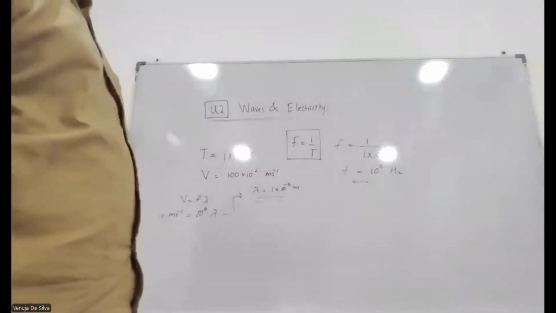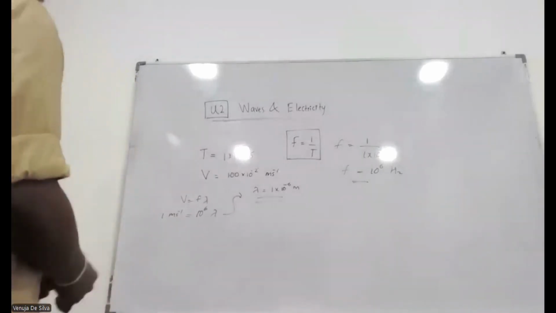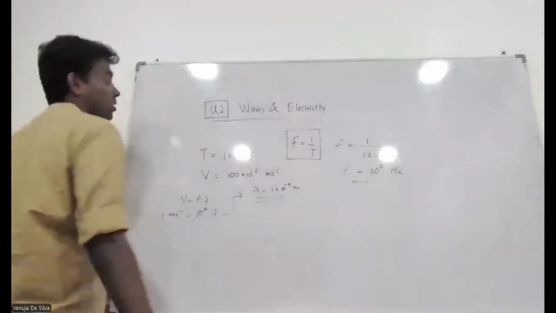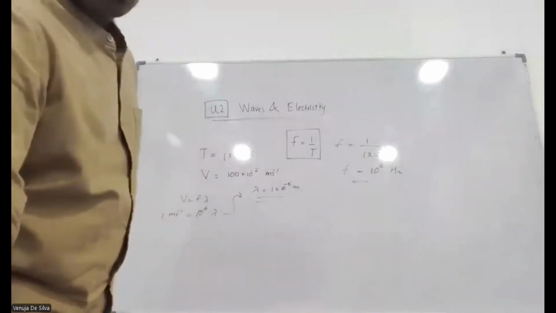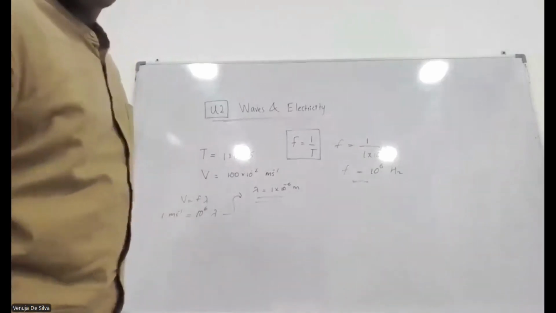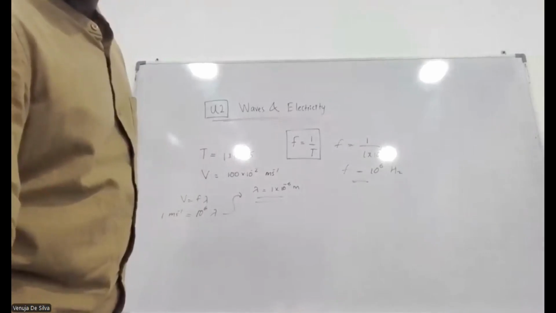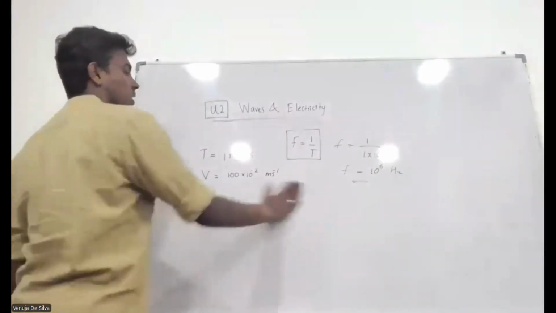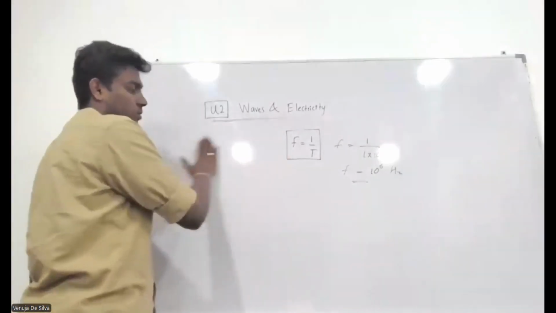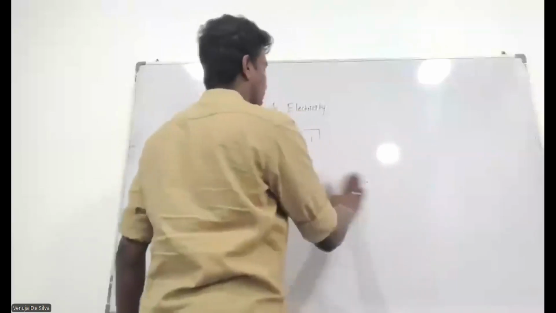So now we are going to learn about transverse and longitudinal waves. So I am going to erase this. If you didn't understand, just tell me. Right? No issue? Okay. We'll move on to longitudinal and transverse waves. So what are transverse waves?